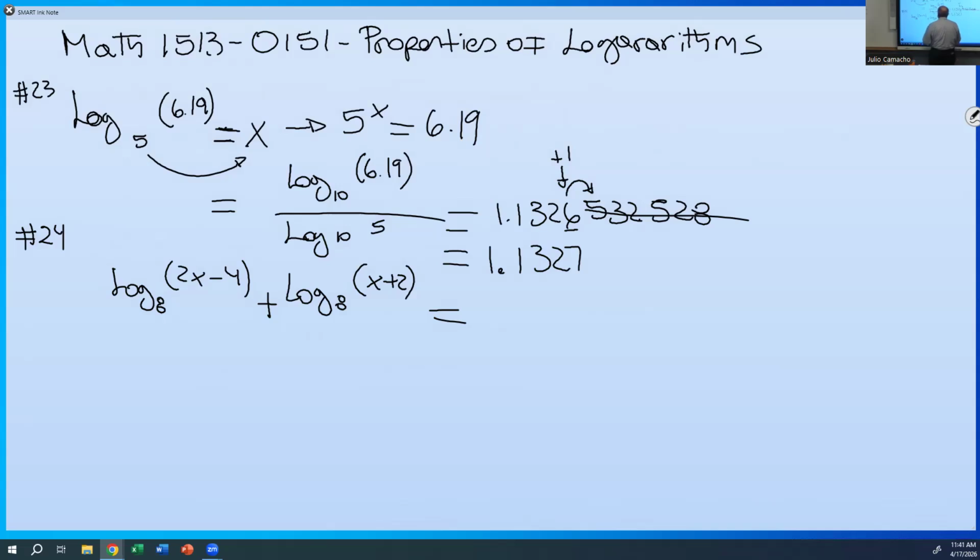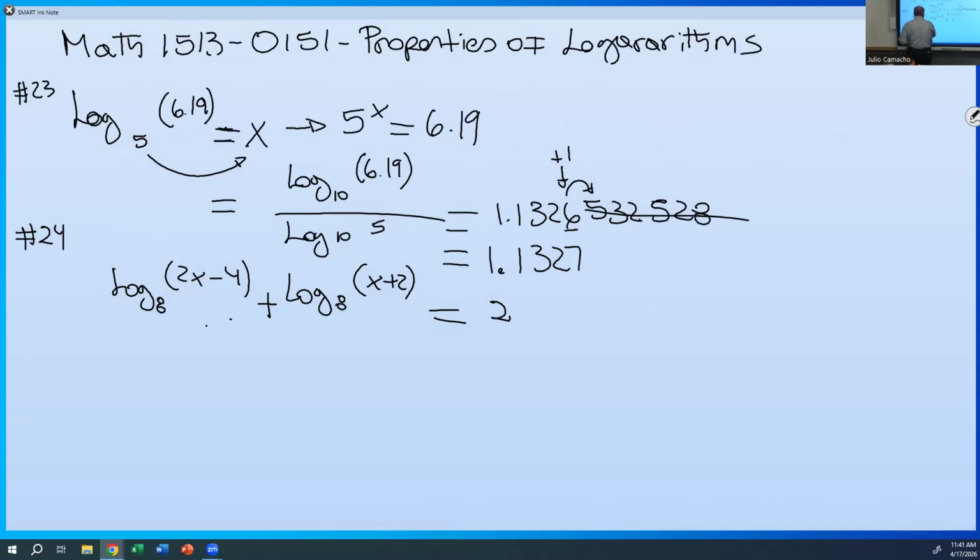Because both have the same base, we can write the two logarithmic expressions as a product of them. Again, the sum of two logarithms can be rewritten as the product.